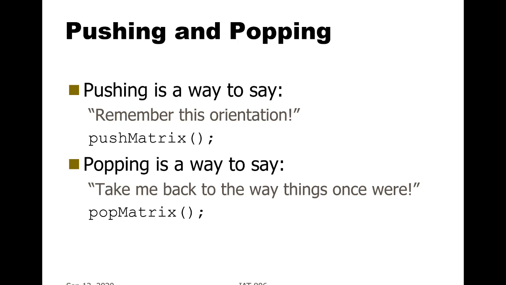And popMatrix says, ignore all the transformation I just completed, take me back to the previous state that existed before I executed its matching pushMatrix call. So push to remember an old state, do some transformations, and then pop to take me back to that previous state.